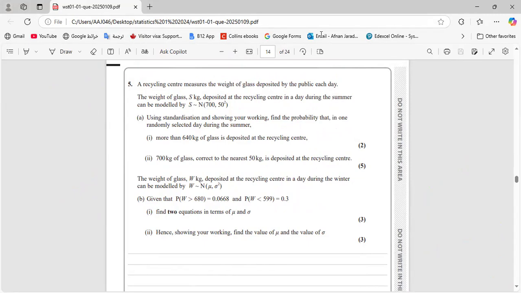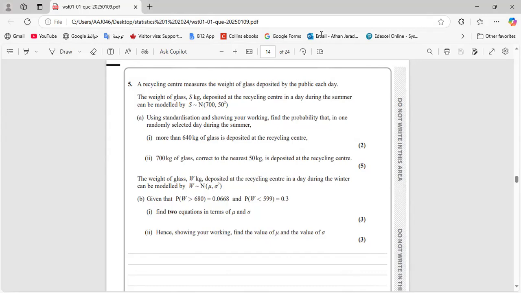The weight of glass S kilograms deposited in a day during the summer can be modeled by S distributed normally with 700 and 50 squared. So 700 is mu, the mean, and 50 is the standard deviation. 50 squared is the variance, and I don't need the variance. I need the standard deviation and the mean. So the mean equals 700 and the standard deviation equals 50.